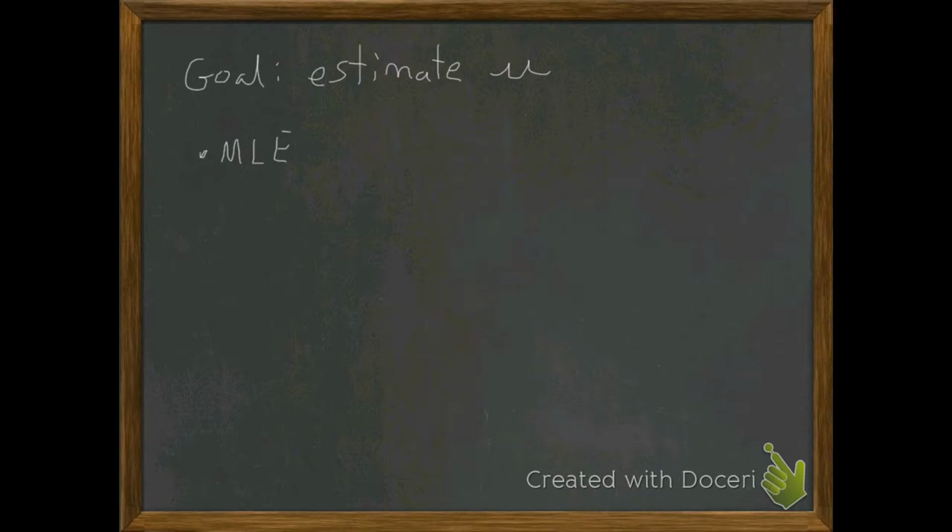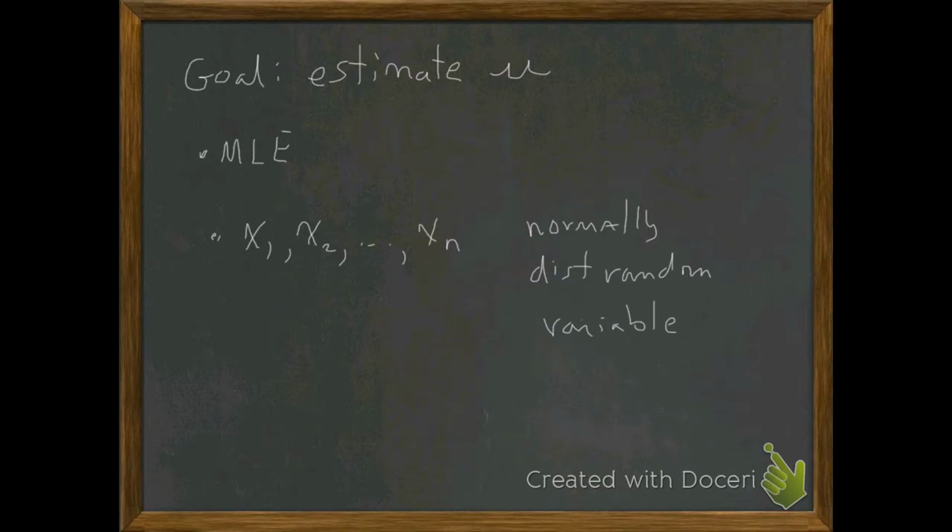And so we're going to collect some data, x1, x2, up to xn, and let's say that this is a normally distributed random variable. All right, get the gist.